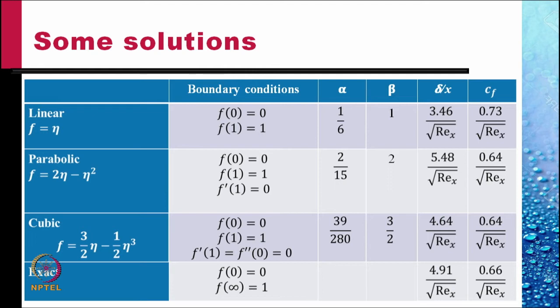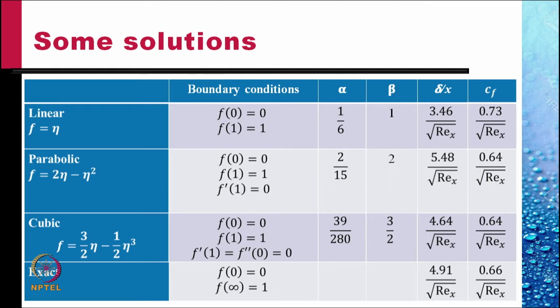The value of beta, which depends on the slope of the velocity profile, is obtained as 1. Delta by x is then obtained as 3.46 divided by under root Reynolds number, and the skin friction coefficient CF is evaluated as 0.73 divided by under root REX.